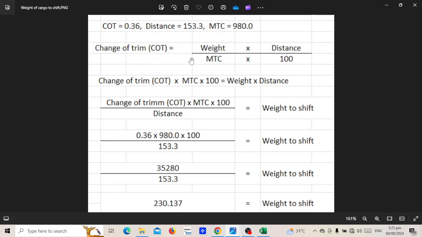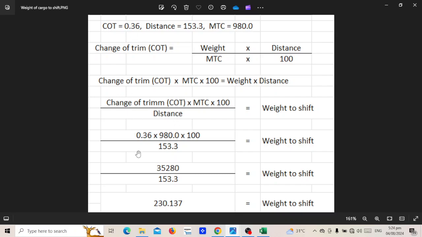So change of trim times MTC times 100 equals weight times distance. Now you're looking for the weight, so you put the distance down. So change of trim times MTC times 100 over the distance. What is your change of trim?